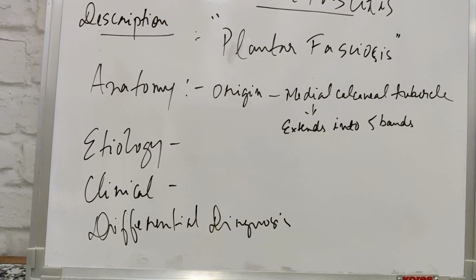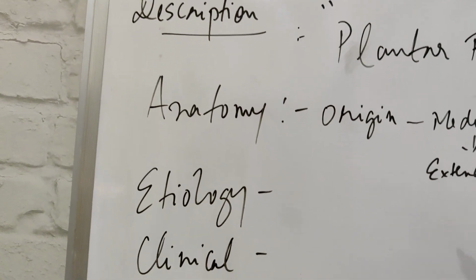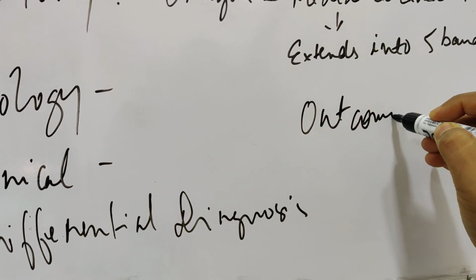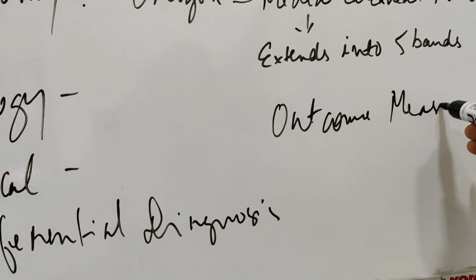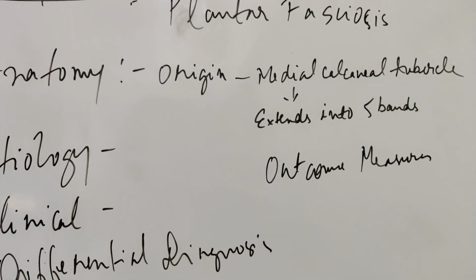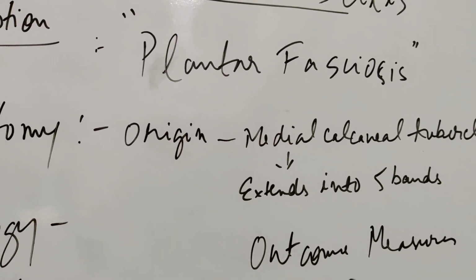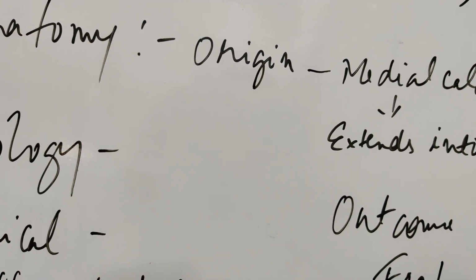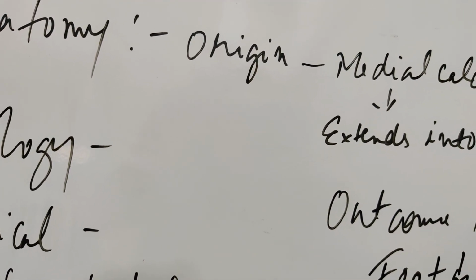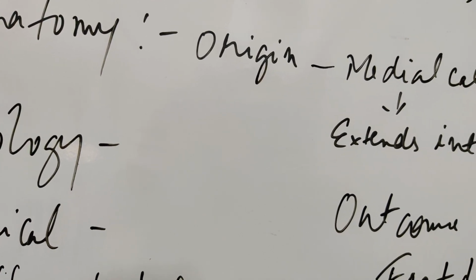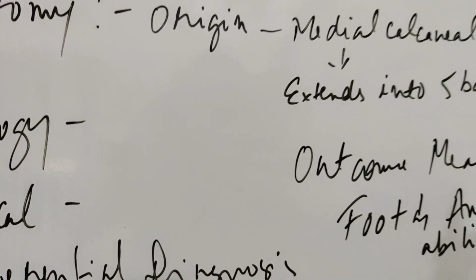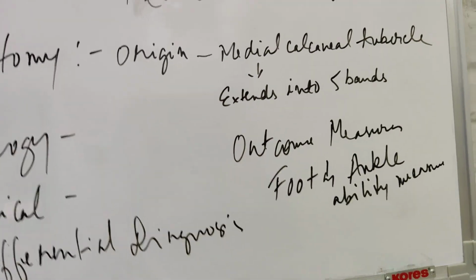Then in outcome measures, we can use the foot and ankle ability measure.